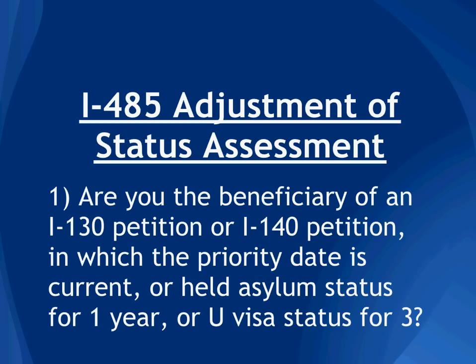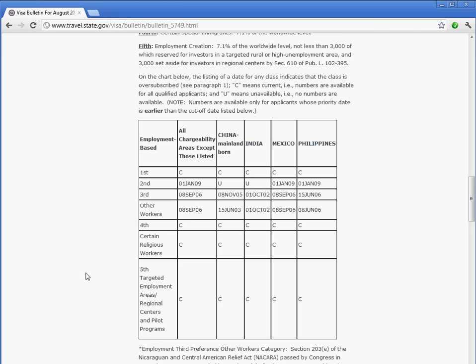Now, another question is, what about EB, employment-based petitions and family-based petitions? I-130 and I-140 petitions. How do you know if your priority date is current? Well, you're going to have to check the visa bulletin, and we'll preview this visa bulletin right now to give you an idea of how it works.